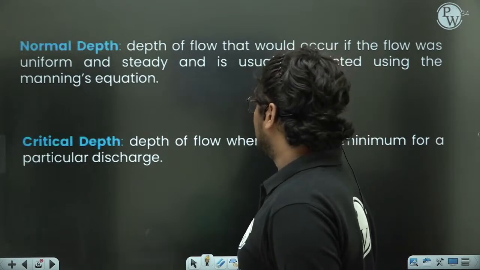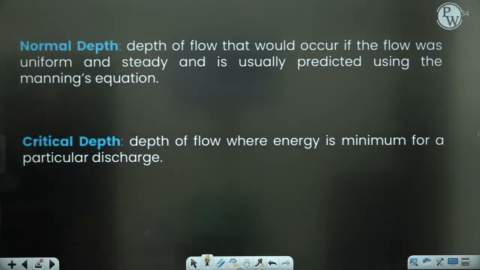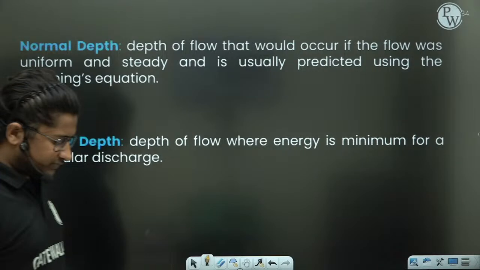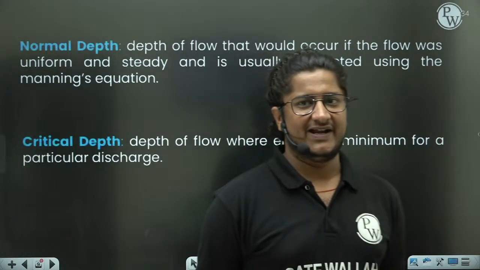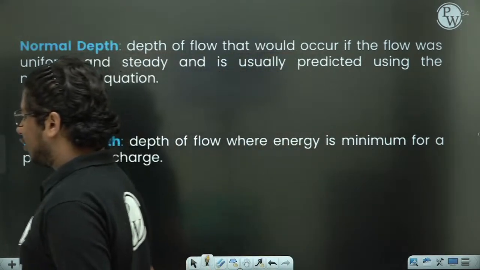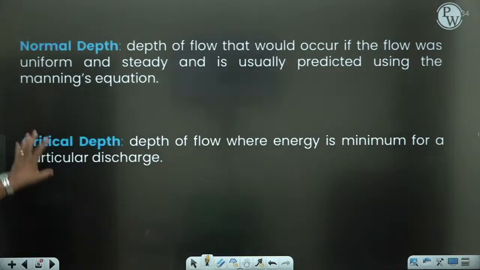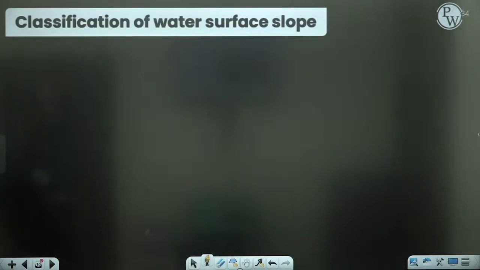The depth of flow where energy is minimum for a particular discharge is the critical depth. Normal depth is the depth of flow that would occur if the flow were uniform and steady, and it is always found with the help of Manning's equation. Now I think you have understood what normal depth and critical depth are.